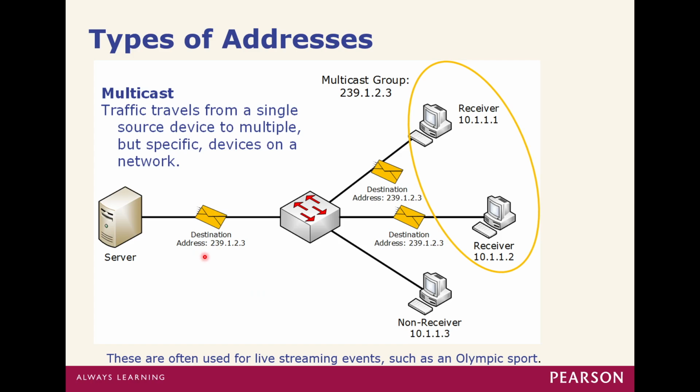So a group has an address 239.1.2.3. The destination is going to receiver 1 and receiver 2. It doesn't go to receiver 3 because it's not part of the multicast group. So you need to assign a multicast group, which in here is the IP address 239.1.2.3. This IP address looks weird.